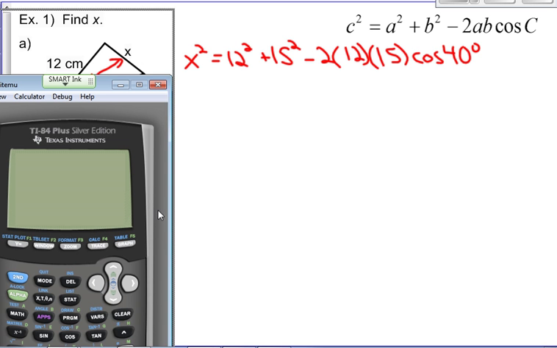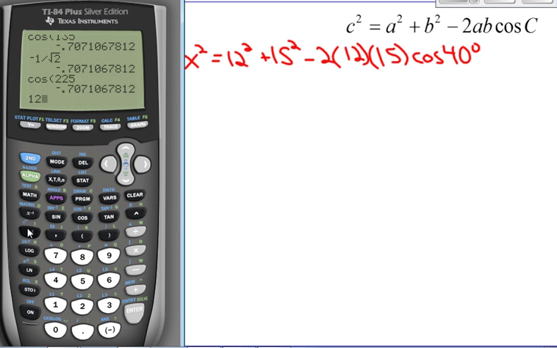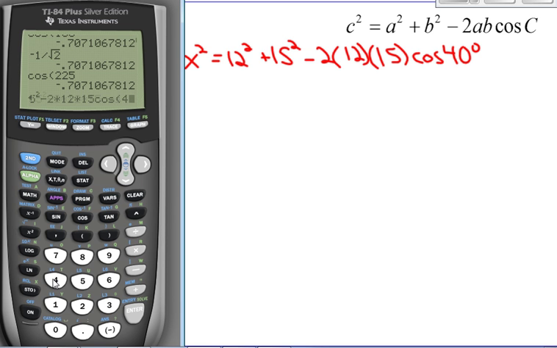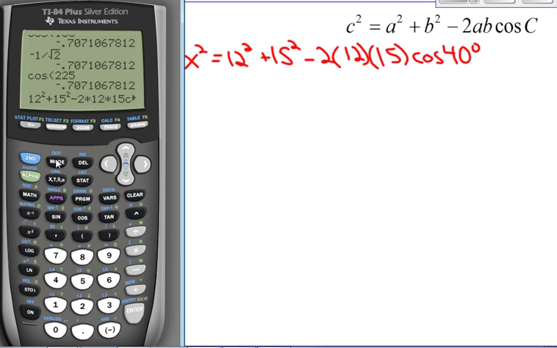From there, we just throw it all in our calculator. So 12 squared plus 15 squared minus 2 times 12 times 15 times the cosine of 40 degrees. I'll just double check that I'm in degree mode. Yep. So cos of 40, did we type it in? Close brackets.